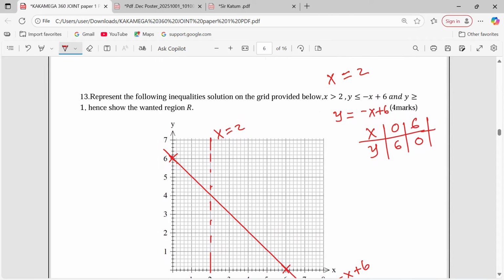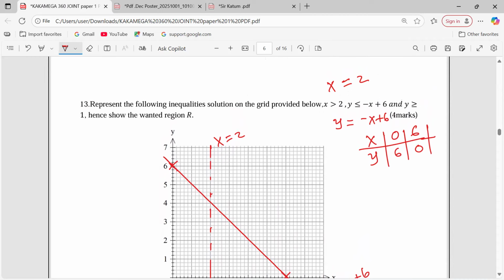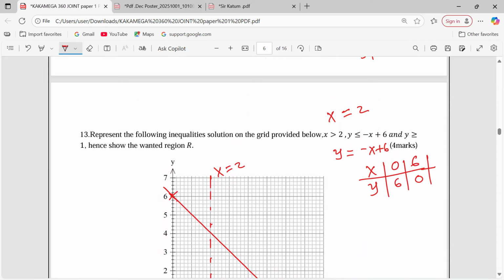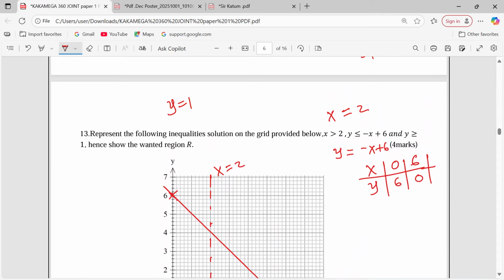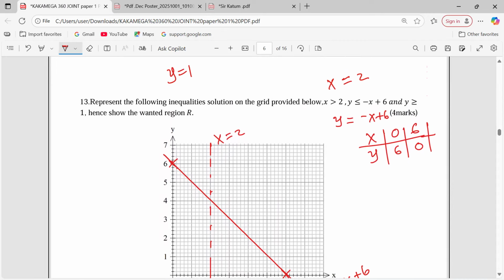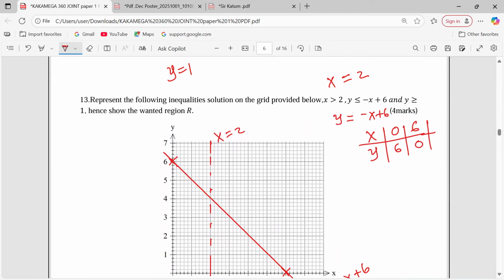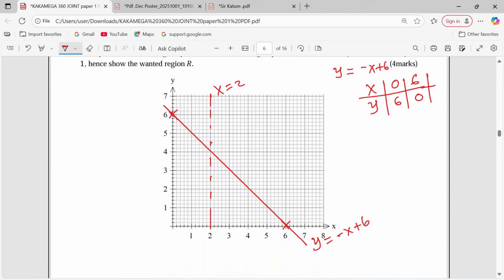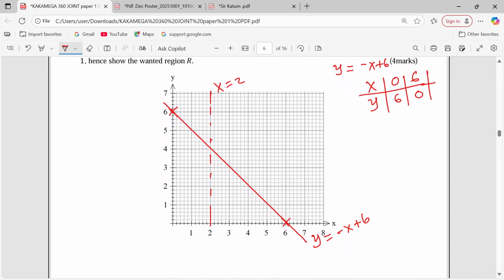There is a third line, y greater than or equal to 1. So y equals to 1. Because of the nature of the sign, whereby it's greater than or equal to, we use a complete line.